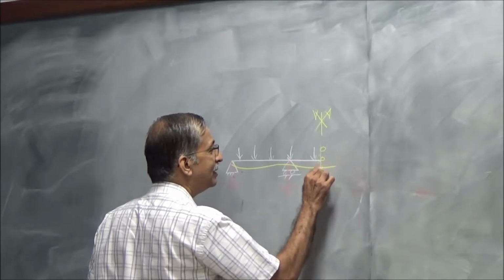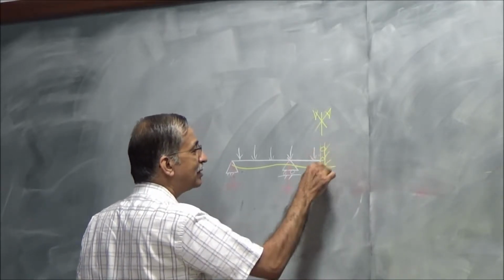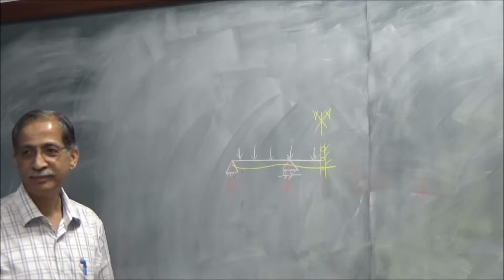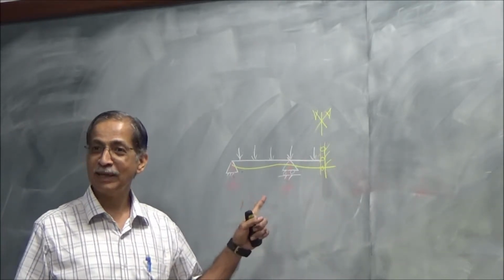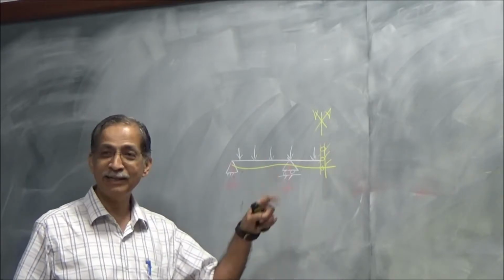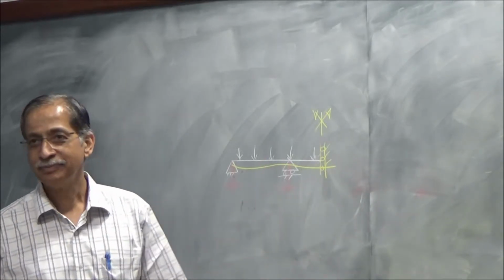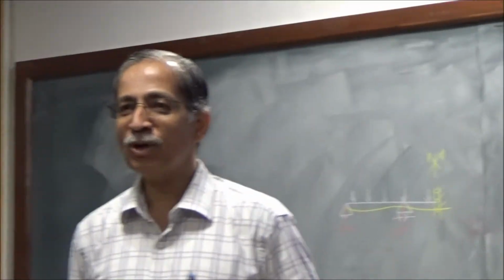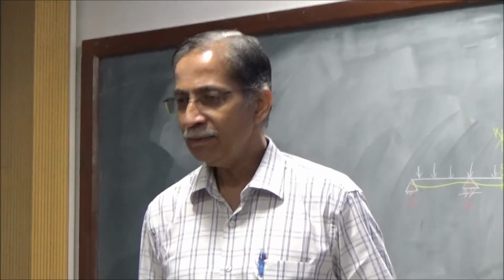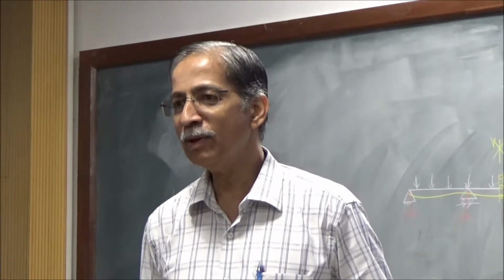So there's no shear transfer, but the slope is 0. Now you'll get more scared. As it is, spring scares you. Now this support scares you more, but you should know how to do this. Give me any one method to solve these problems. By the way, this is your homework. You should know how to do all this.